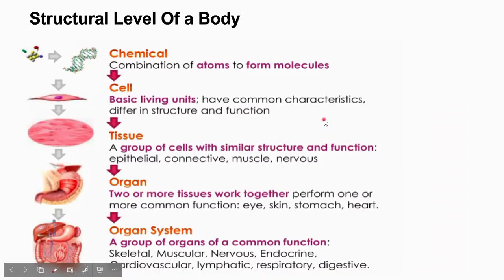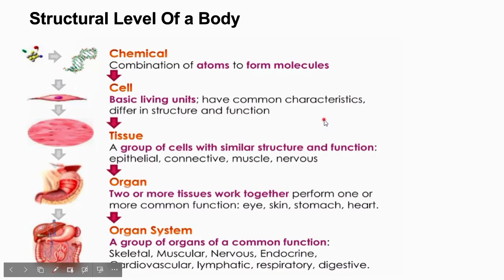Now, the structural levels of the body. Just like the way we talk about compounds, we know that an atom is a basic unit which cannot be broken down further into something else, and that is chemistry.